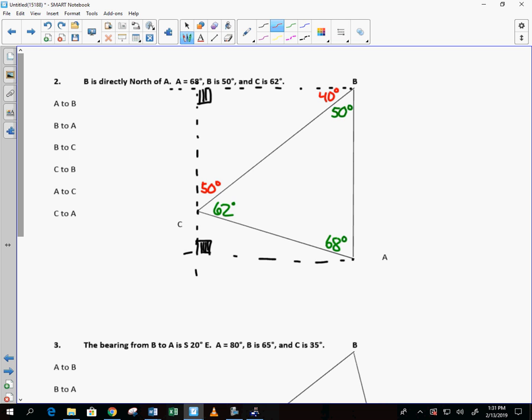And then look what I have here, 68, so this will be 22. So I'll make this 68. Notice the 50 and the 62 and 68 all do add to 180 to make that straight line. Where would you like to place yourself? What point? Let's go to A. Very good.